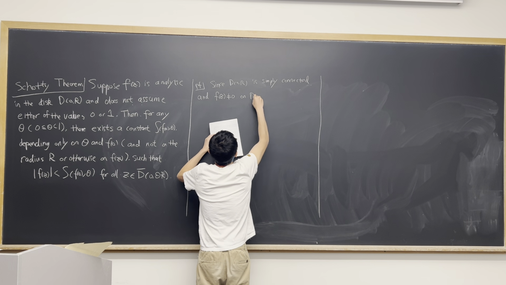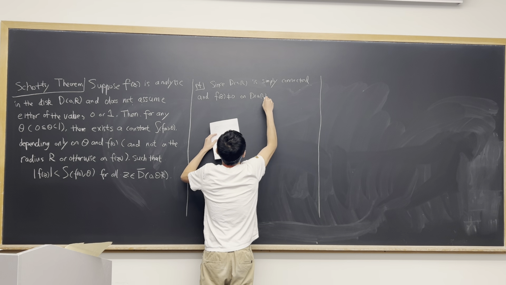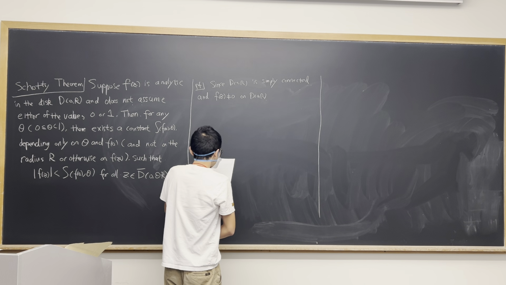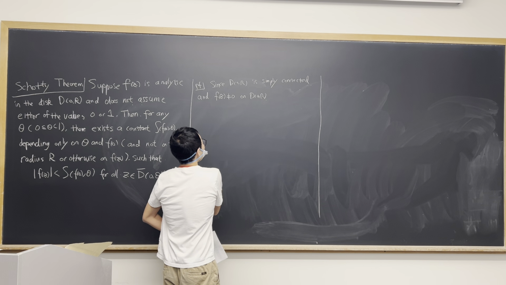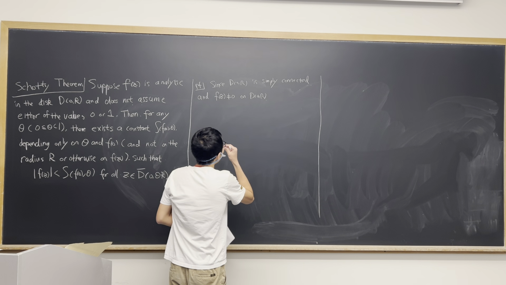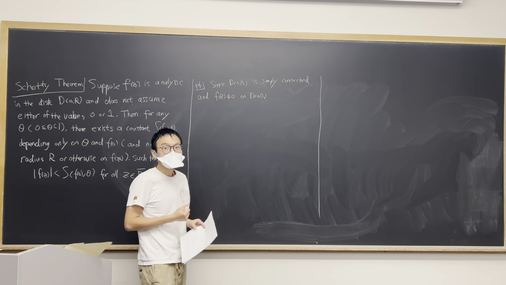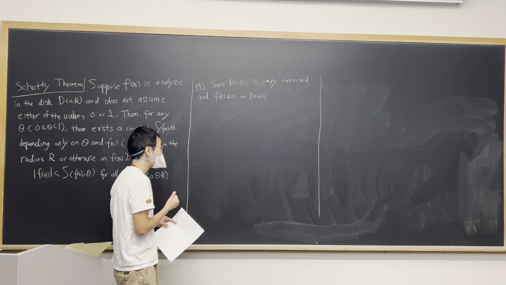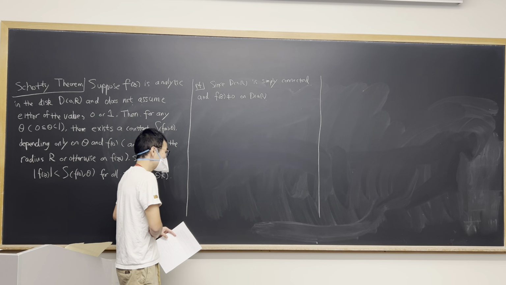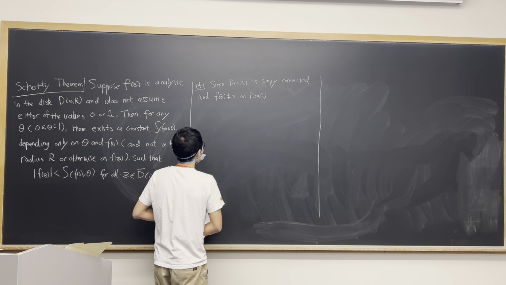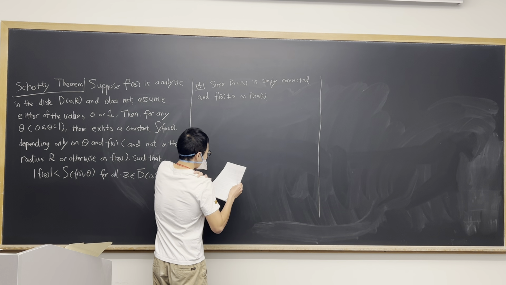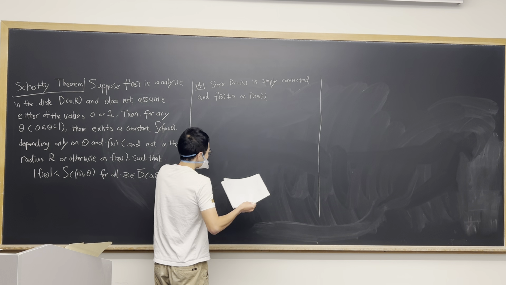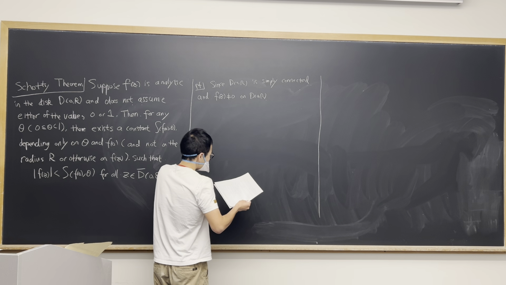Therefore, there's a consequence of a theorem in complex analysis that there exists a holomorphic function g such that f is equal to e to the g. Where this g is up to a constant, 2 pi i times an integer or something.